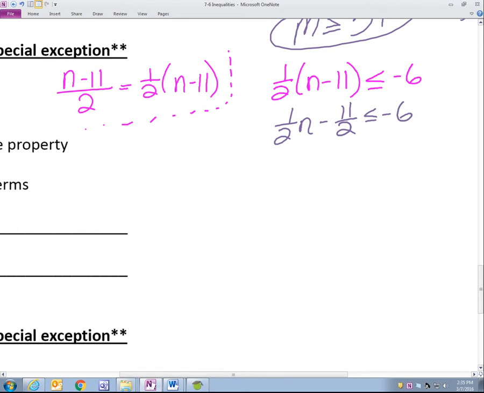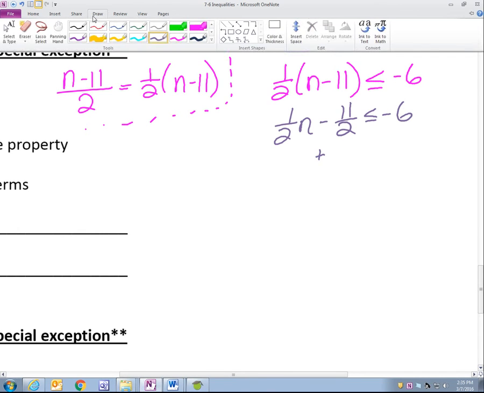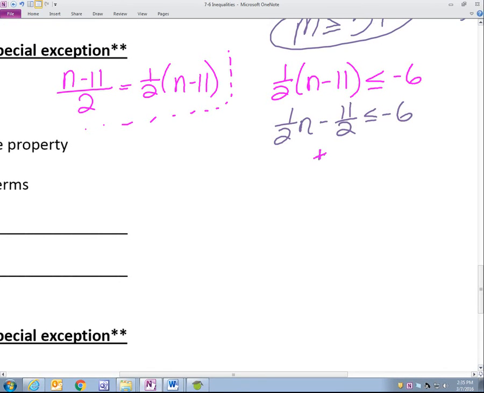Now I have to go with my inverse operations. Plus 11 over 2, plus 11 over 2. And now I have to have common denominators when I'm adding or subtracting fractions. So I need to rewrite the 6 as being 12 over 2.